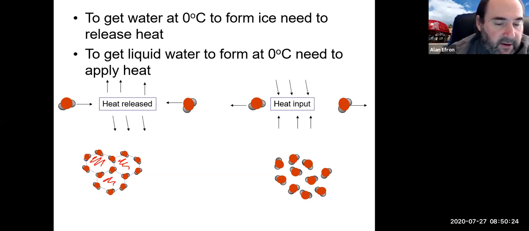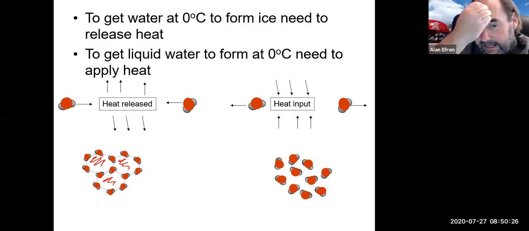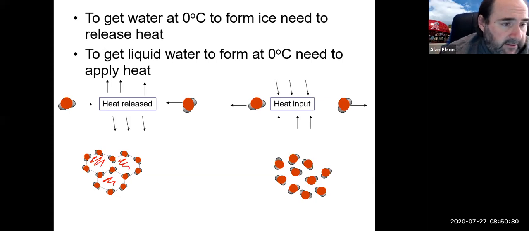And that's the reason because it creates all this open volume between the water molecules. And density is mass divided by volume. So it has a larger volume, which means its density goes down, as opposed to the liquid stage. It's the opposite there. It has a smaller volume and a larger density in that case.